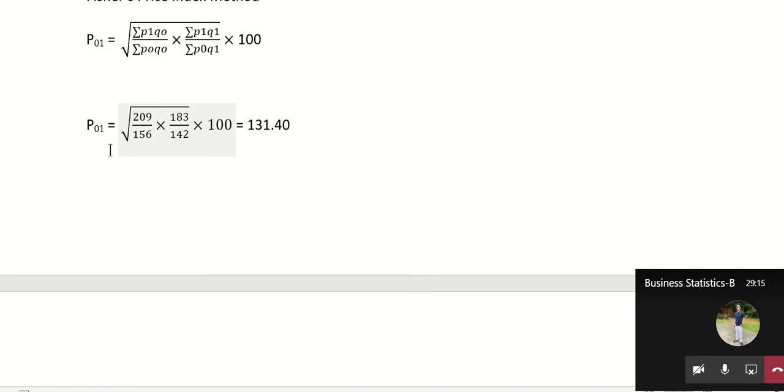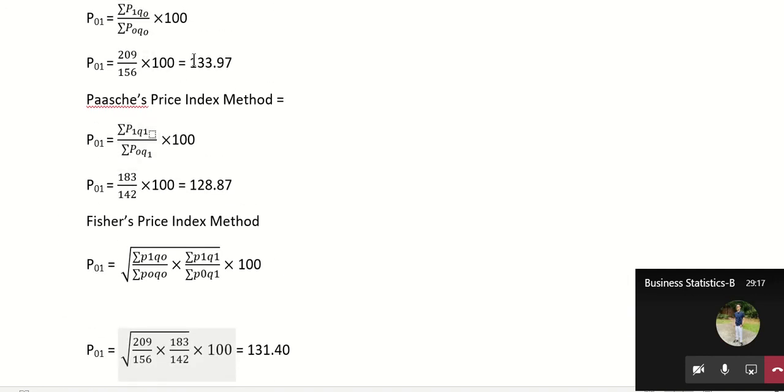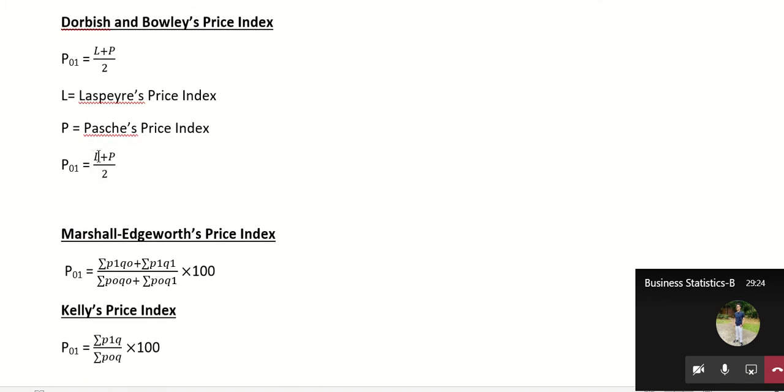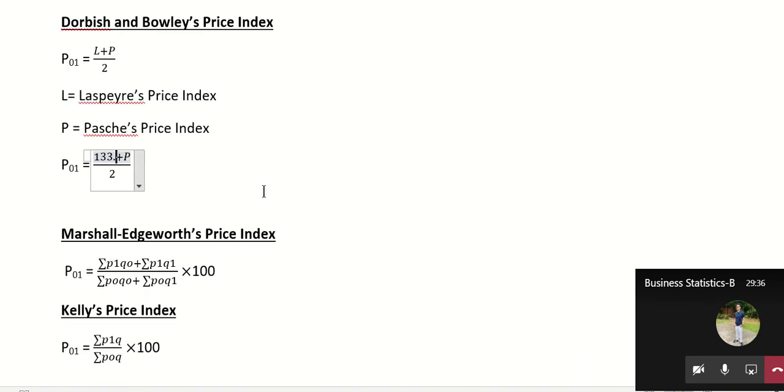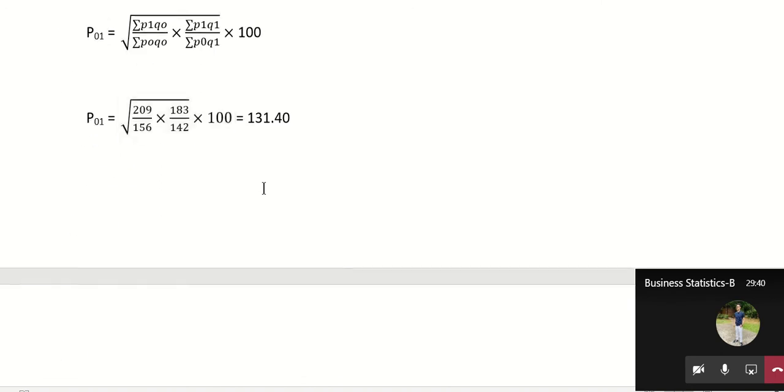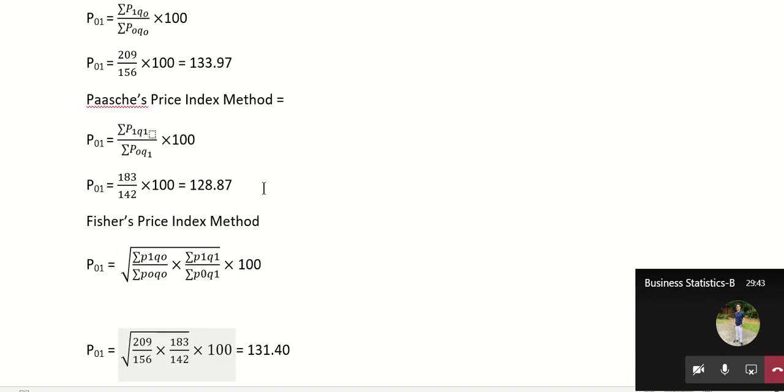What is the result of L? 133.97, so I will just write 133.97, and here P is Paasche 128.87.